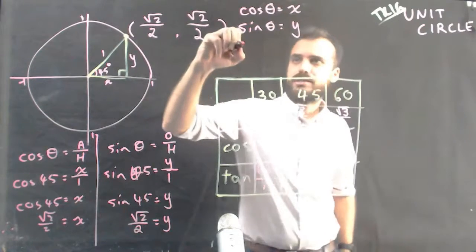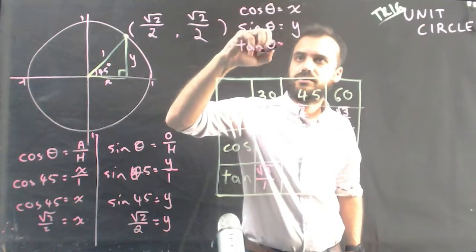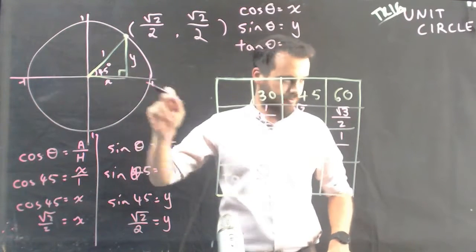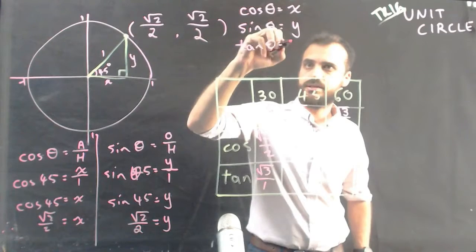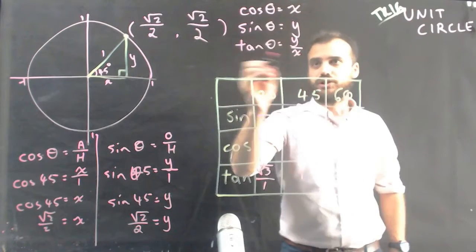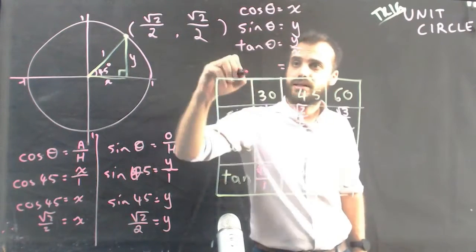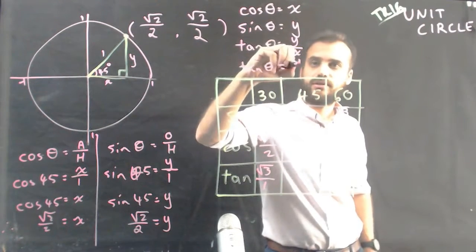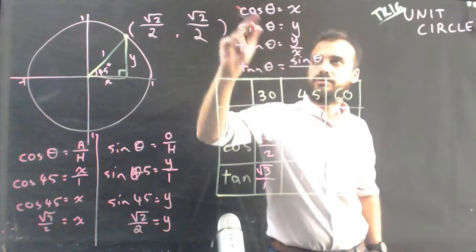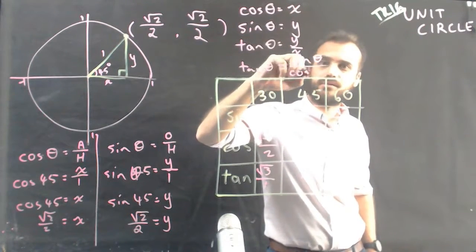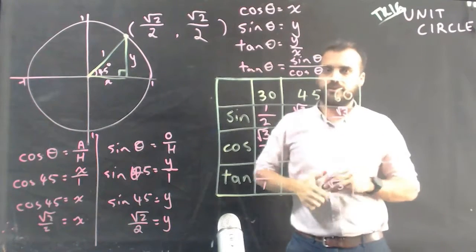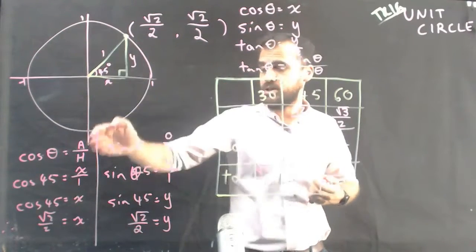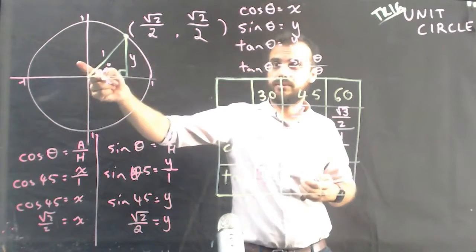We can finish this off pretty simply by saying that tan theta is equal to opposite over adjacent, that is y on x. But we can actually take that one step further and say that tan theta is equal to y, which is sine theta, on x, which is cos theta. Okay, things are getting pretty complex here, but remember where we started: a Cartesian plane with a circle of radius 1.